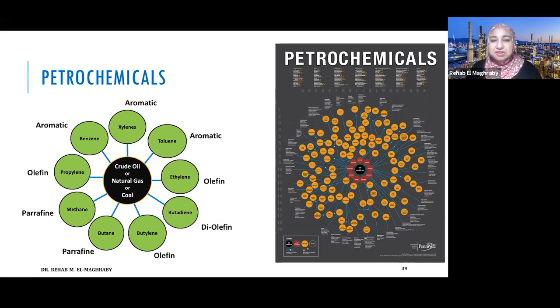So methane, ethane, propane, and butane from natural gas. We have to convert these paraffins to olefins. Then we convert ethane to ethylene, the building block, propane to propylene, and butane to butylene and to butadiene. So this is based on natural gas.